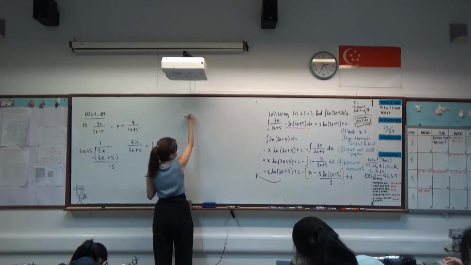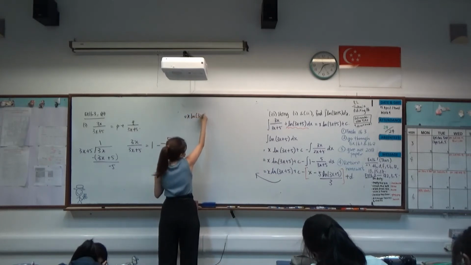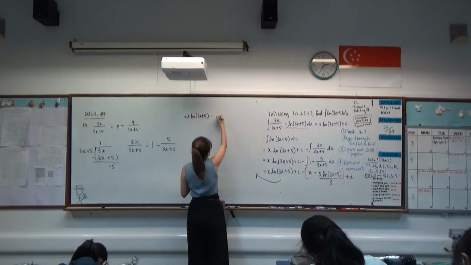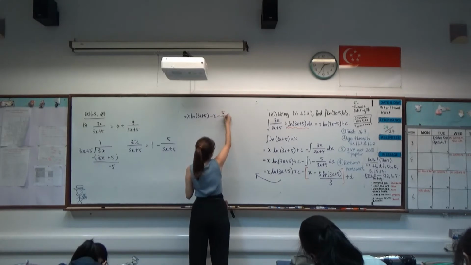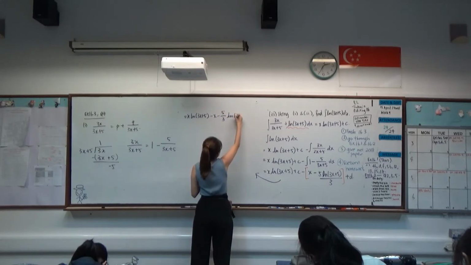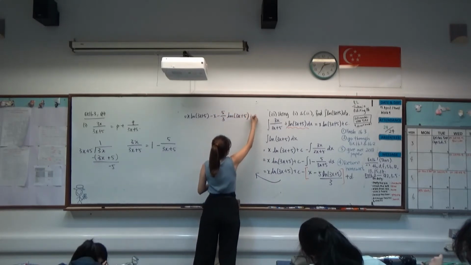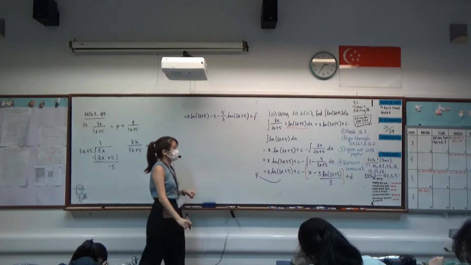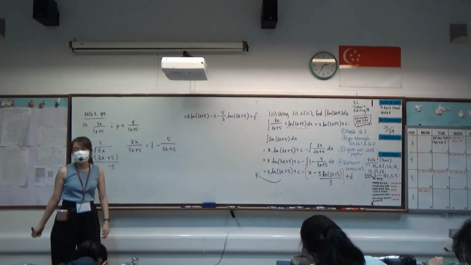So we have x ln(3x+5) minus x minus 5/3 ln(3x+5). You may want to just simply convert the plus c and plus d into a plus f.